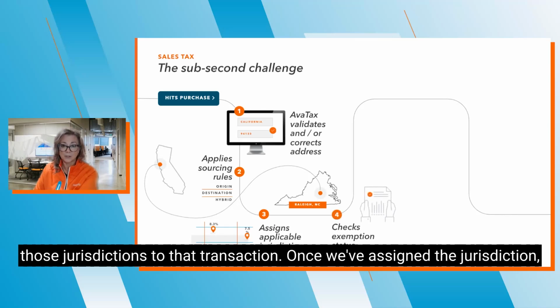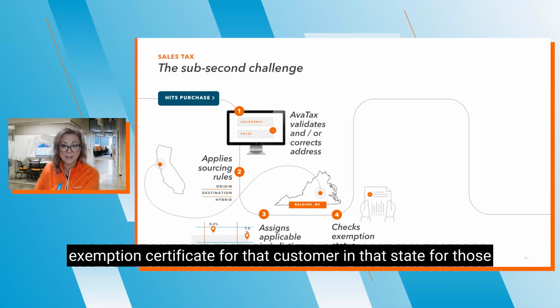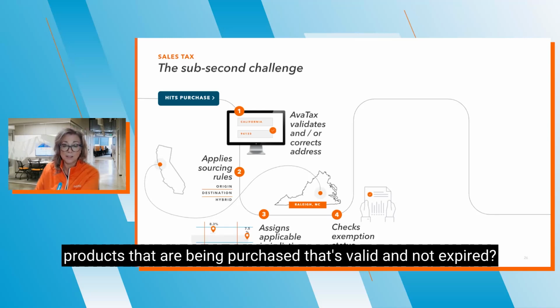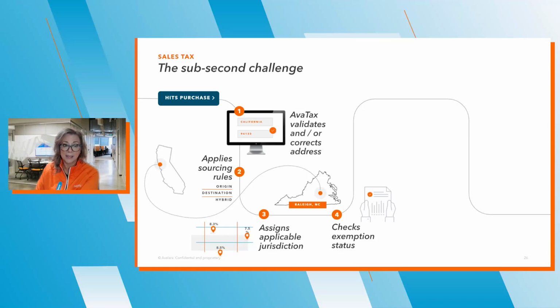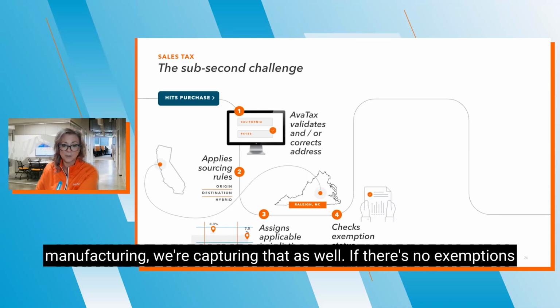Once we've assigned the jurisdiction, we're then looking for the exemption status. Is there an exemption certificate for that customer in that state for those products that are being purchased that's valid and not expired? And even in states like California that have partial exemptions for manufacturing, we're capturing that as well.